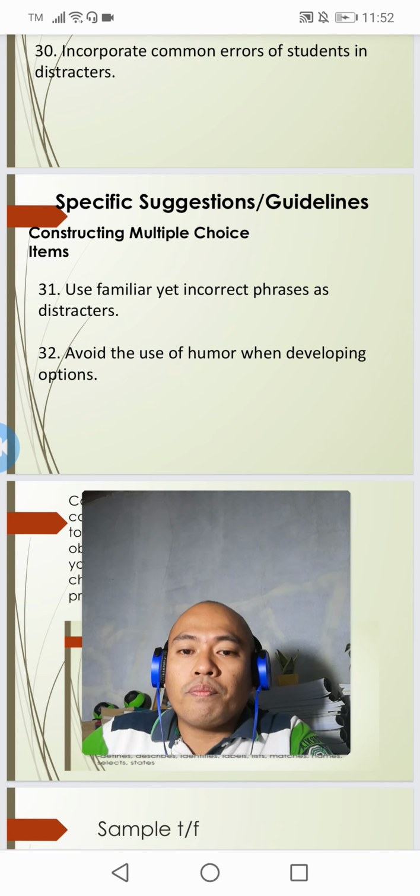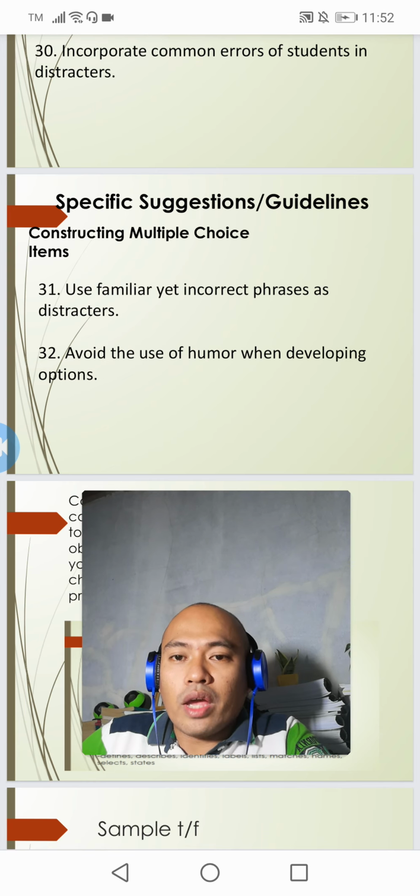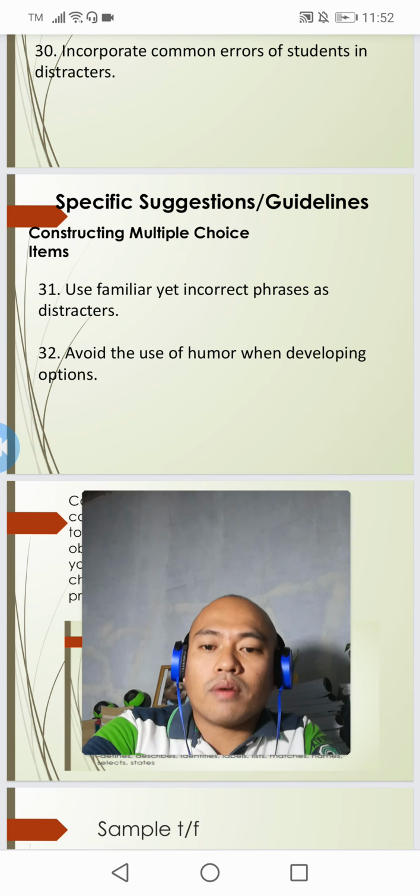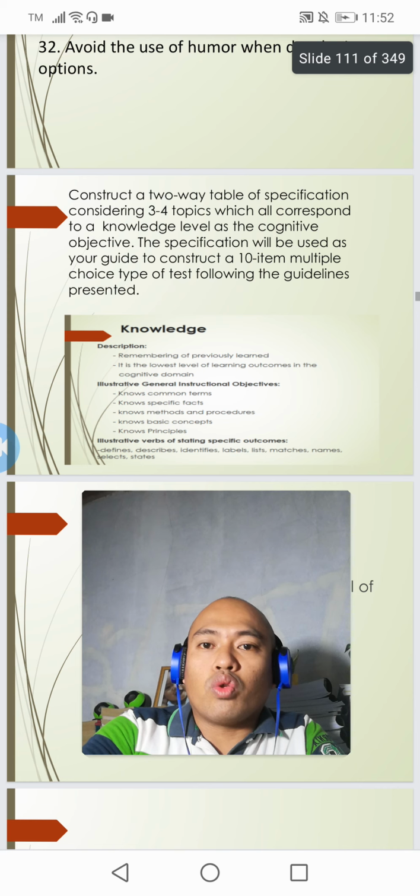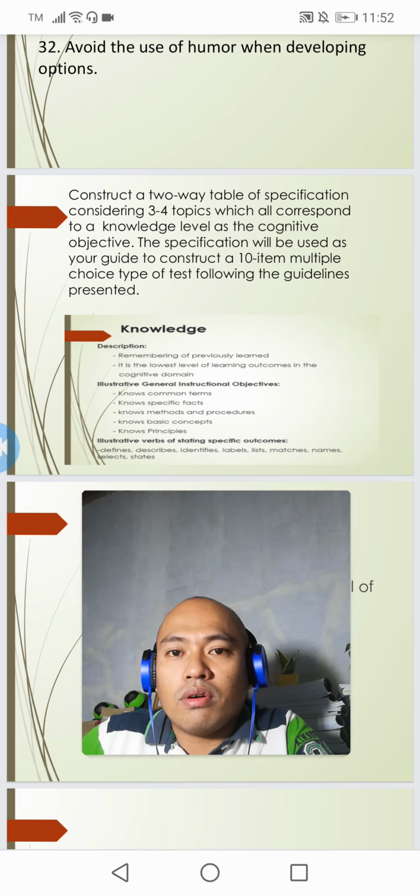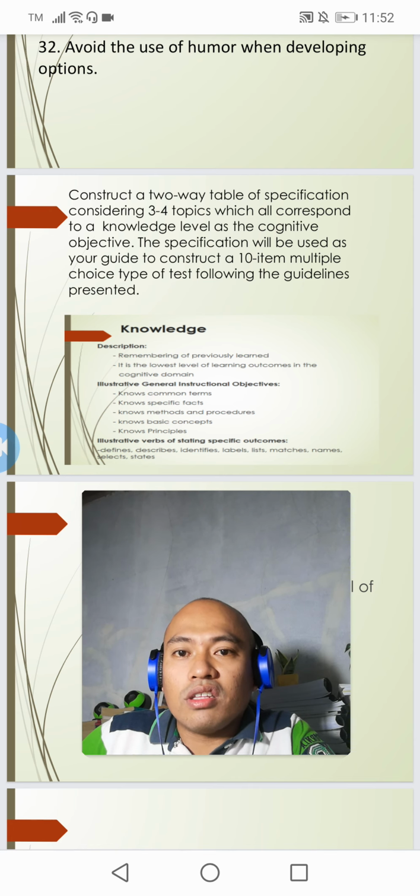Okay, so for your activity, I want you to construct a two-way table of specification considering 3 to 4 topics which all correspond to a knowledge level as the cognitive objective.